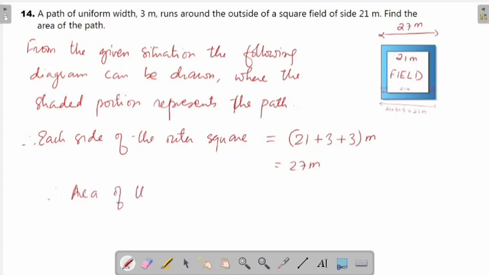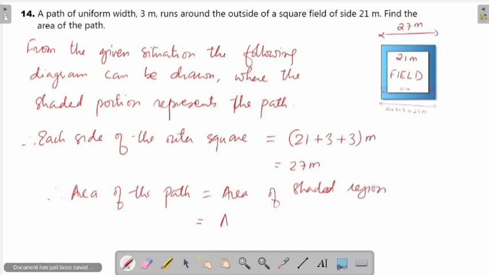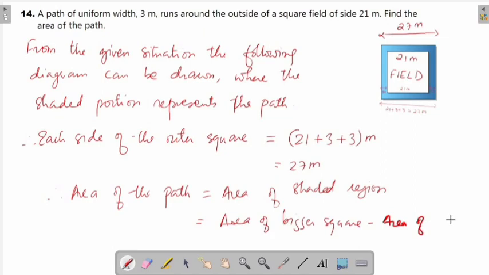So therefore you write this as area of the path is area of shaded region, and we find the area of shaded region by using the formula area of bigger square minus area of small square. Okay, so now put the values and find your answer by yourself.